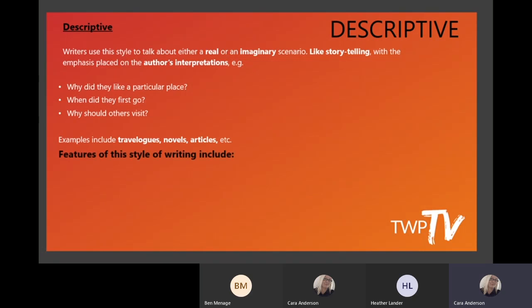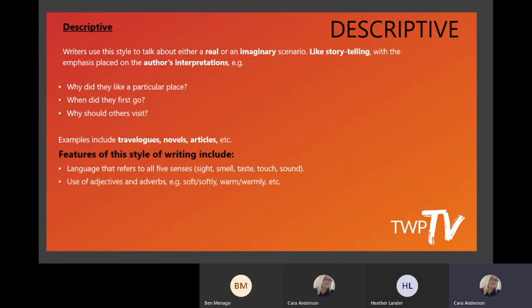So some of the features that are going to stick out for this. If you were reading it and thinking, this seems like a bit of a story, look at the language they're using, how they've chosen to write it. If they're referring to the senses, so your smell, taste, sight, touch, sound, then it's definitely describing how they felt at that particular time.